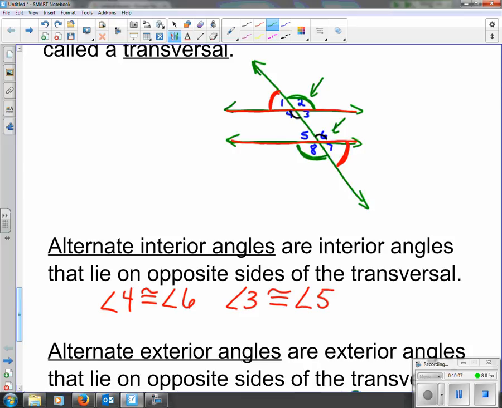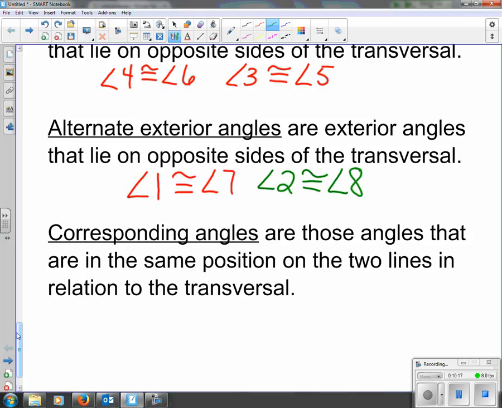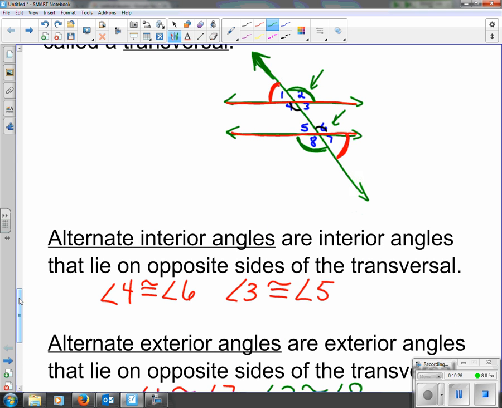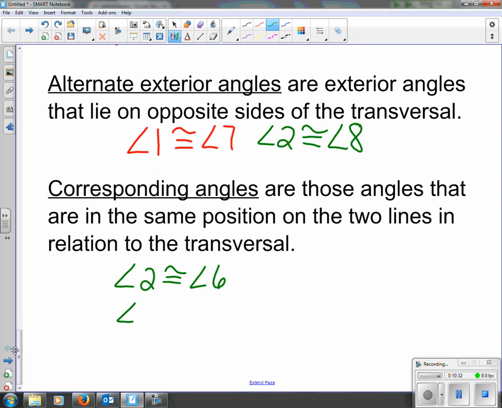This line right here is your transversal. Angle 2 and angle 6 are corresponding angles because they're in the same position. Angle 1 and angle 5 are corresponding.